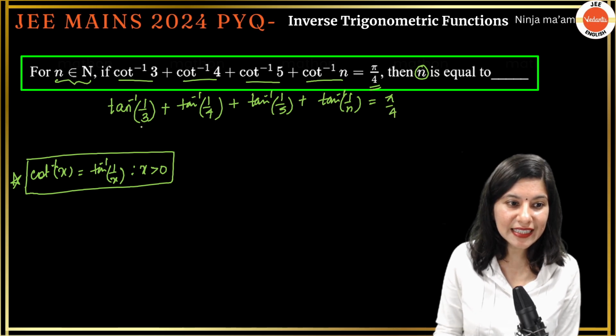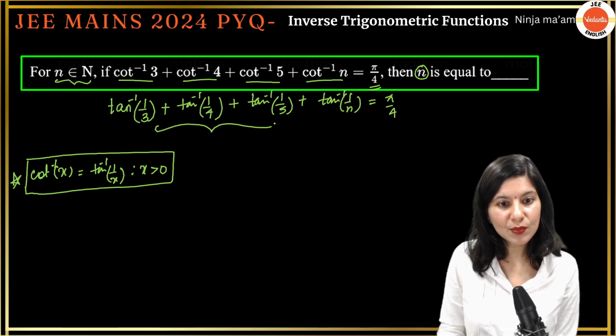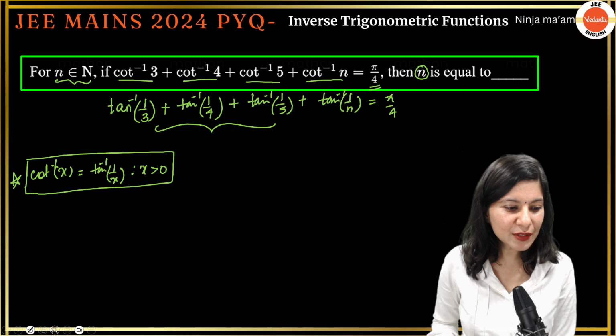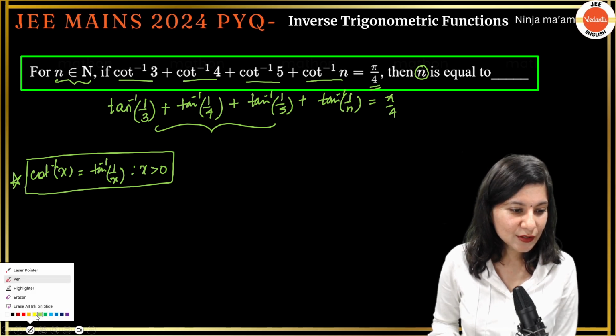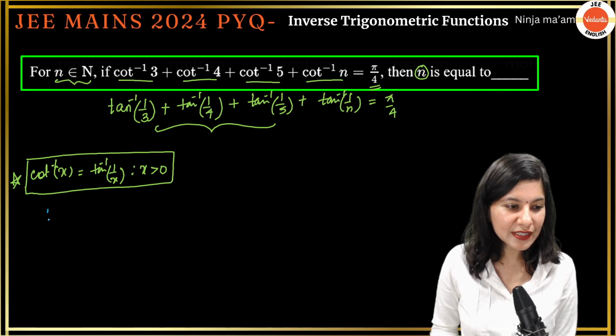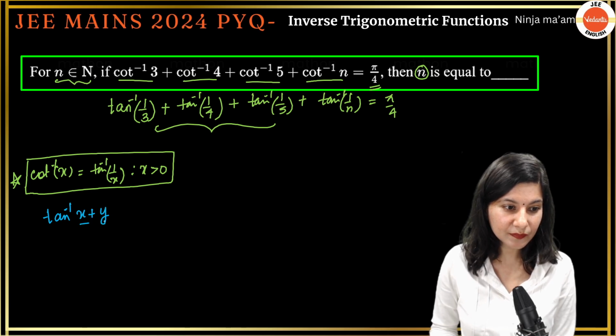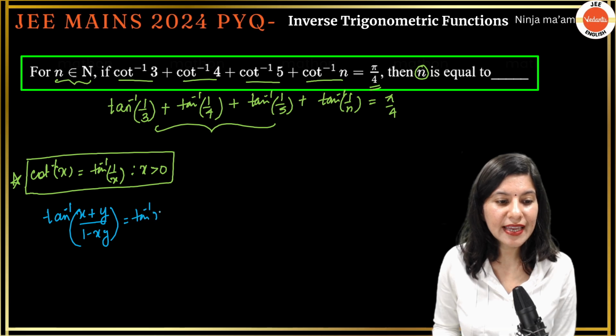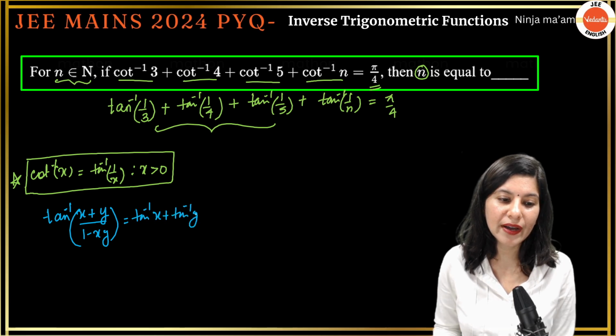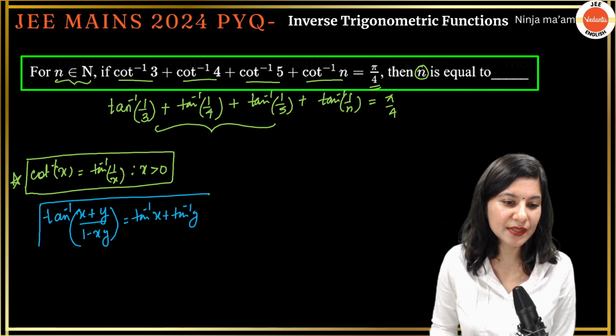These three terms, 3, 4, 5, we need to solve. You know which formula we are going to use, yes or no? We are going to use the formula: tan inverse x plus tan inverse y is equal to tan inverse of (x plus y) upon (1 minus xy). This is the formula we are going to use.